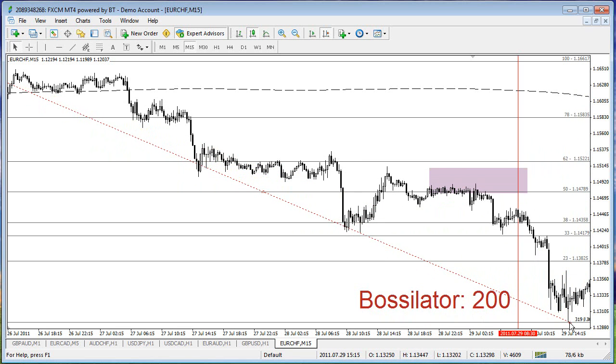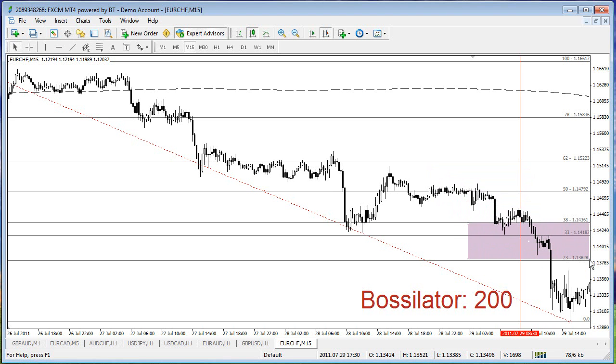You don't know where it's going to stop, but you do know that you want to continue to draw it lower over time as the financial instrument falls. Also, over time, I will draw a new purple zone box inside the 23 to 38 because the 23 to 38 zone will move as the financial instrument falls.